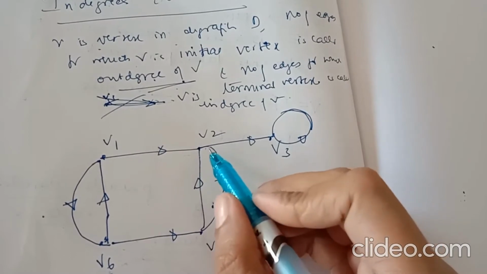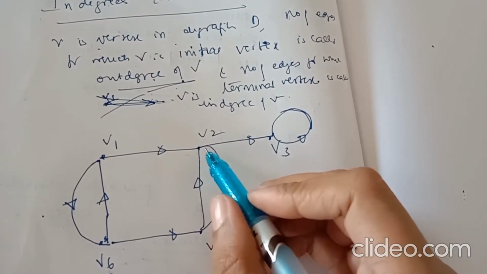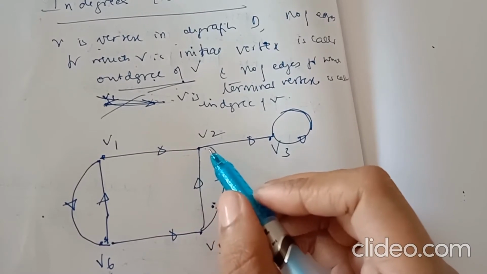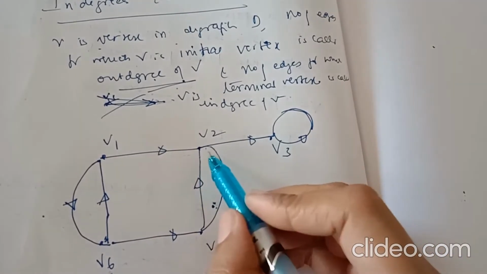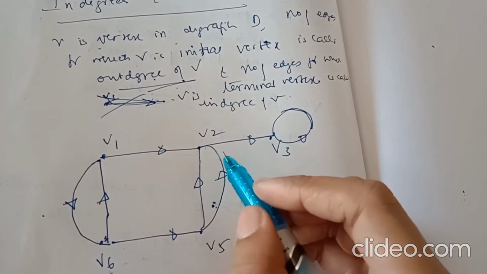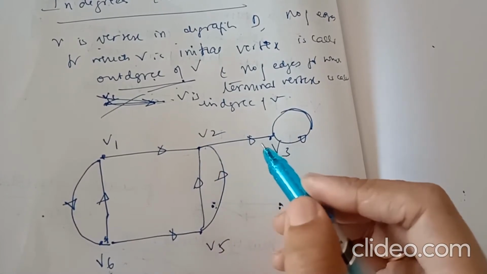Is there any edge starting from the vertex v2? Count the number of edges, that will be the out degree. You can observe that there is just one edge starting from v2. Therefore, the out degree of v2 is 1.